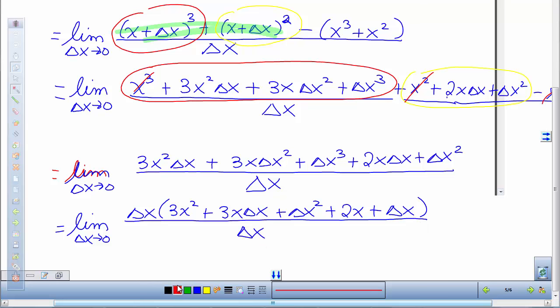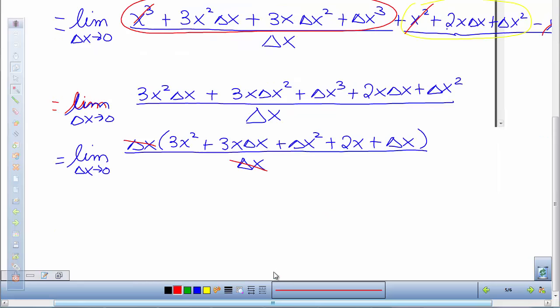Okay, now my delta x's cancel from the numerator to the denominator, and to evaluate everything else, we're just going to plug in 0 for delta x.